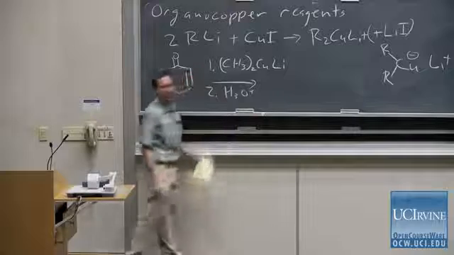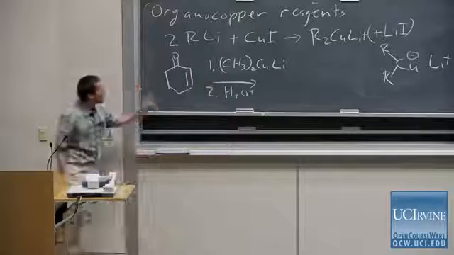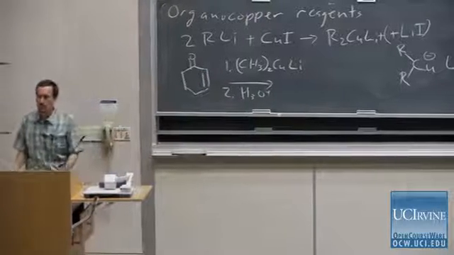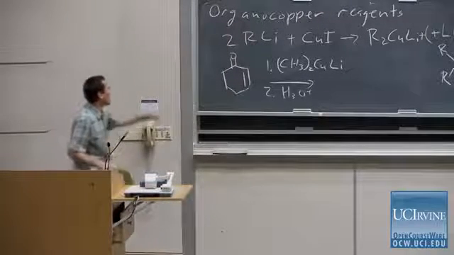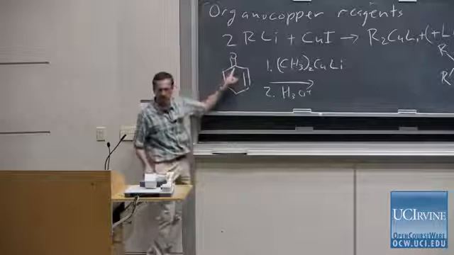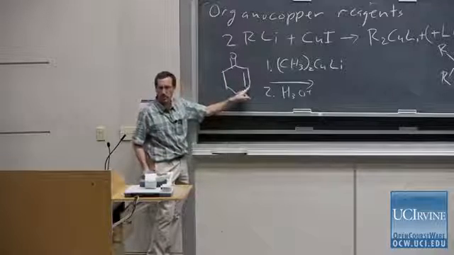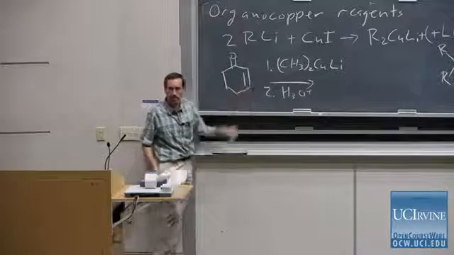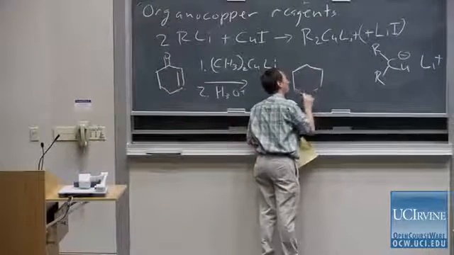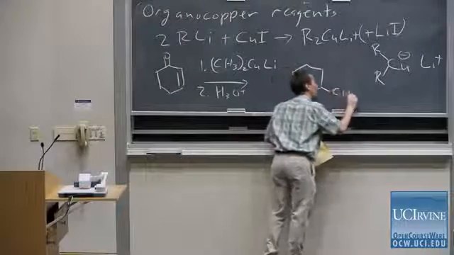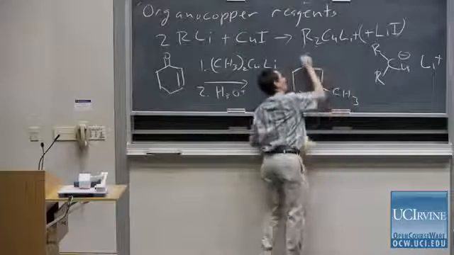Usually a person would throw dilute acid in. What's really special about the cuprate is that instead of getting 1,2 addition, instead of adding directly to the carbonyl group, we get conjugate addition. We get a Michael addition reaction. And after workup, your product of the reaction is the 3-methyl cyclohexanone.